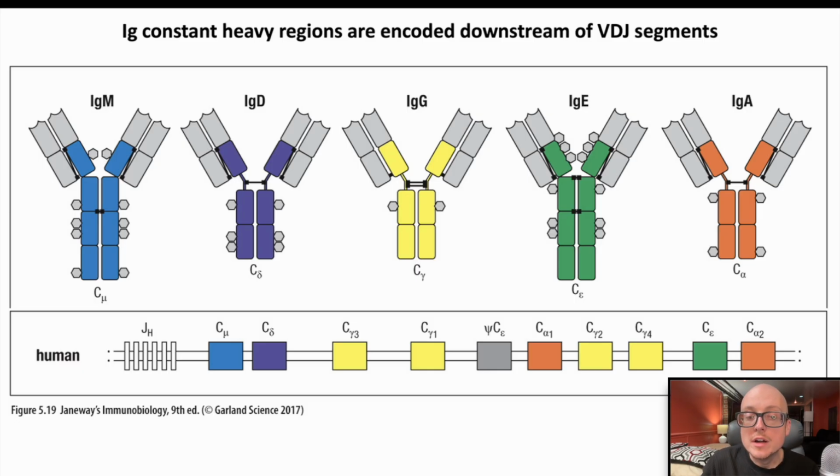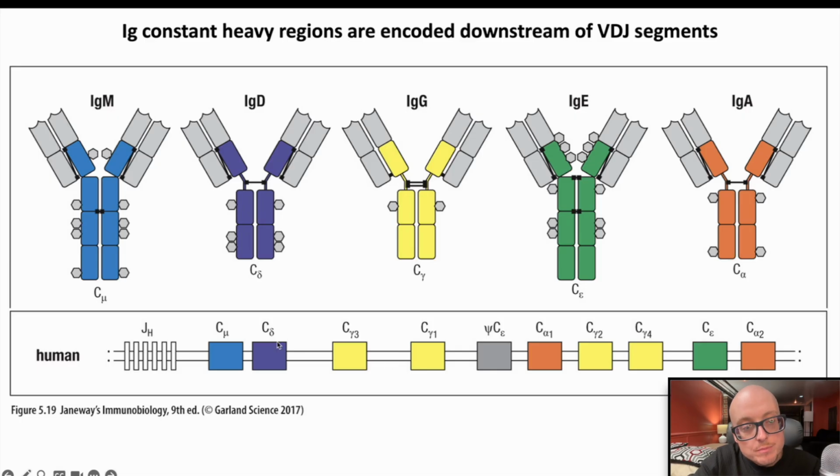They rely on conserved exons that are encoded downstream, and that can be spliced in various ways in order to be added to the previously recombined VDJ. So the VDJ is encoding the variable segment of the heavy chain, whereas these genetic regions that you see, these loci downstream, are what are going to encode the constant heavy chain.